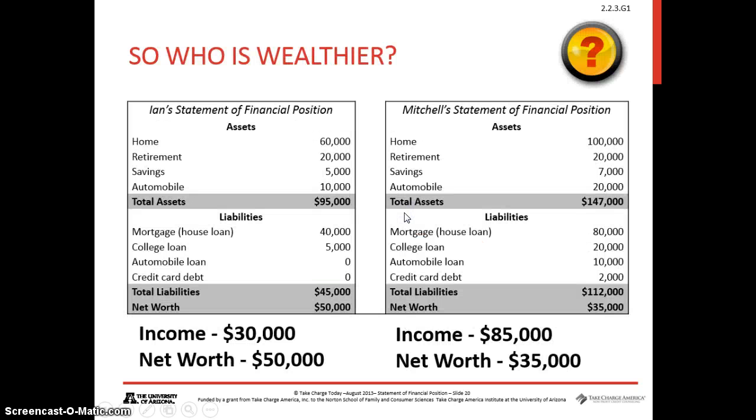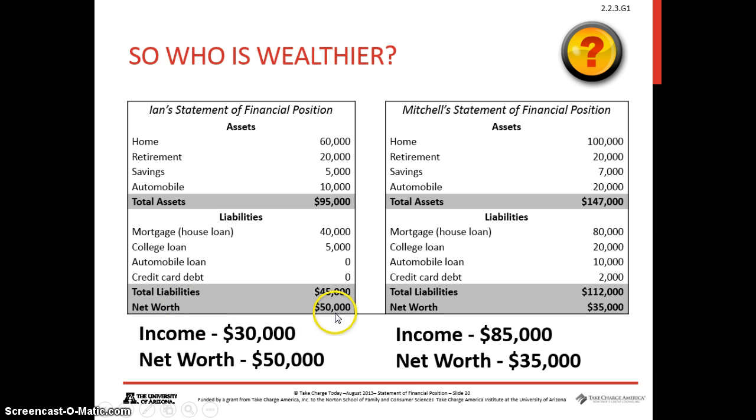So who is wealthier? If you'll remember back at the very beginning, I told you to choose who you thought was wealthier. Here we have Ian and Mitchell again. We've got Ian, who has total assets of $95,000, and he owes to people $45,000.